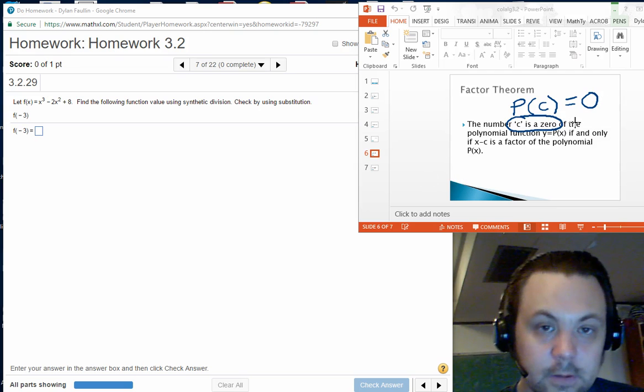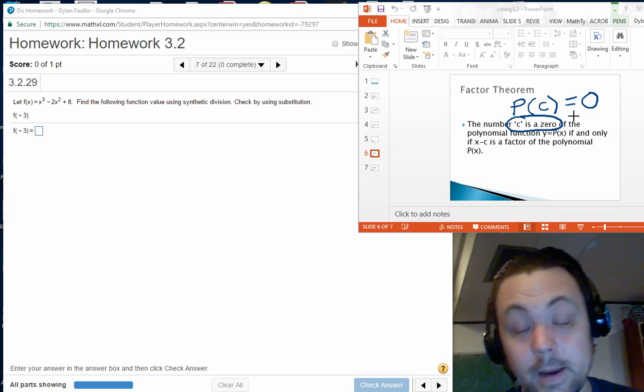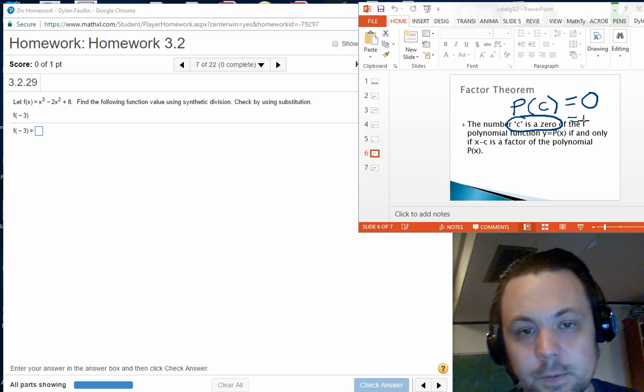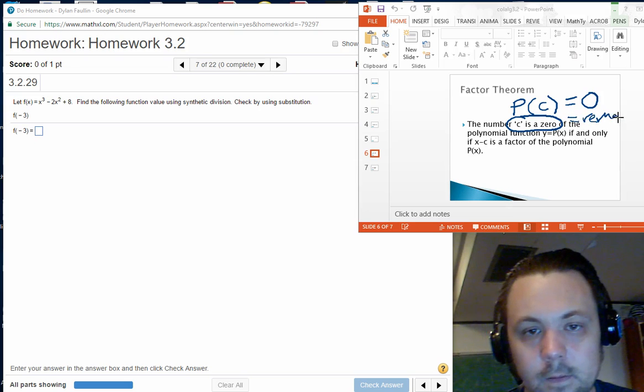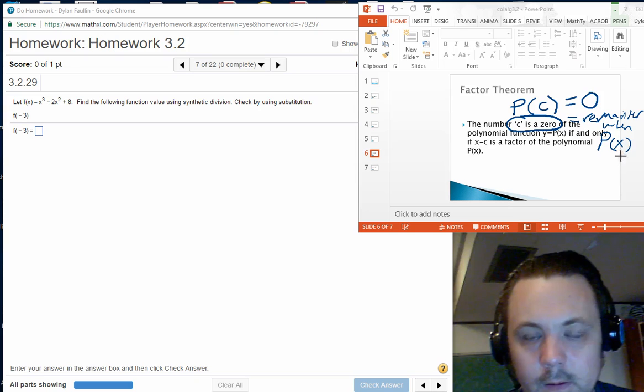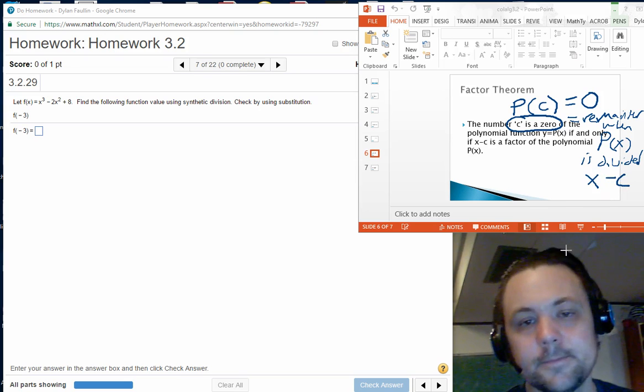If that's true, then according to the remainder theorem that we just looked at, this would be the remainder when p of x is divided by x minus c.